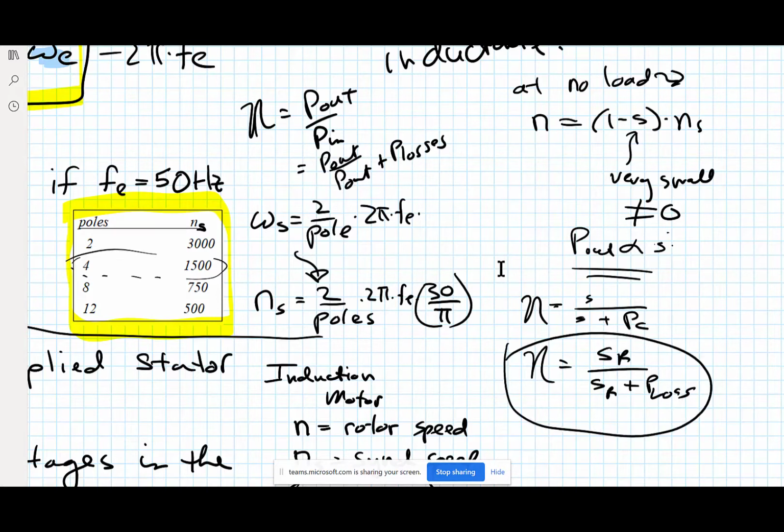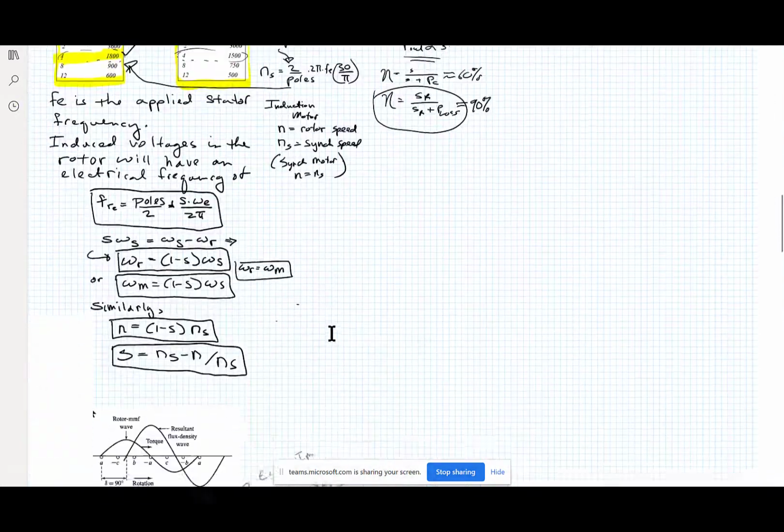This might be something like 60% efficient, and this will end up giving you something like 90%. Does that make sense? Okay, so anyway, that's the insight about the losses. It's important to know.